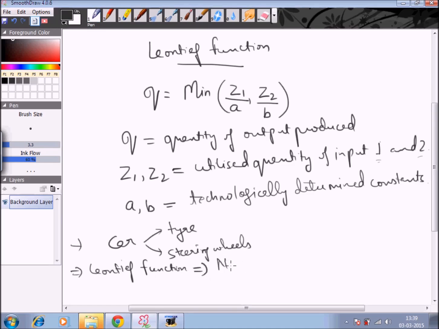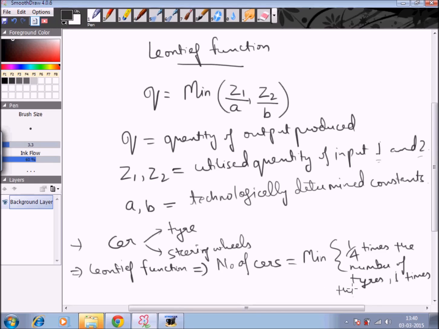The number of cars, that is Q, will be equal to a function of 1/4 times the number of tires, comma 1 times the number of steering wheels.